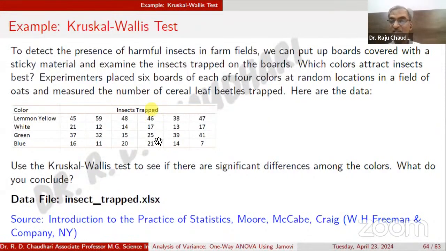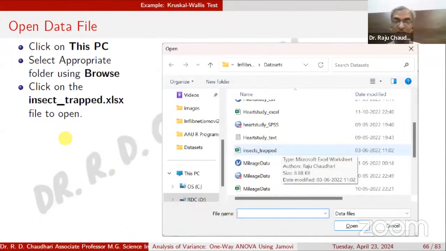This is about the number of cereal leaf beetles trapped. These are the insects, and this is the data. We want to test the hypothesis about whether there is a significant difference among the colors with respect to the number of insects trapped. This is the example.